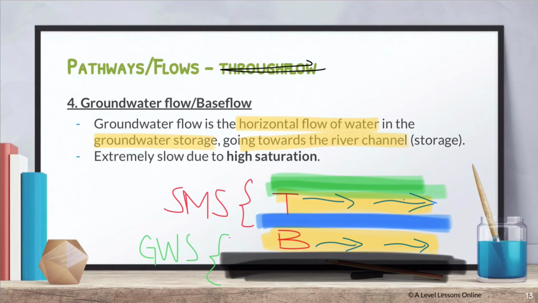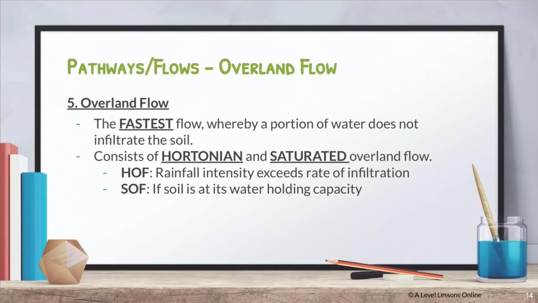Anything within here is your soil moisture storage. Anything within down here is your groundwater storage. So look at it this way, it's a very simple cross diagram. It's extremely slow due to high saturation, because of the amount of rocks. It's very, very compact down there.